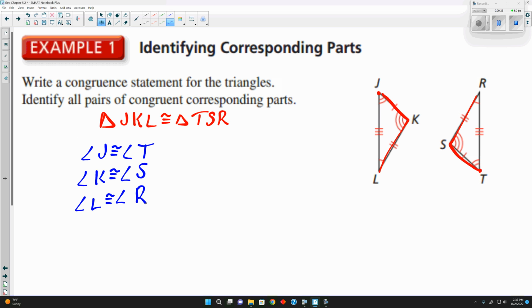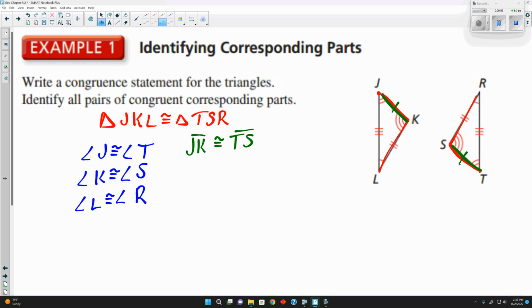Now we need to do the sides, but again, we could look at the figure. We could have done that with the angles, yes? Now what were our first two letters in the first statement? So we could say line segment JK is congruent to, or the first two in the next one? And if we look over here, JK has 1, TS has, but again, these follow the same path.